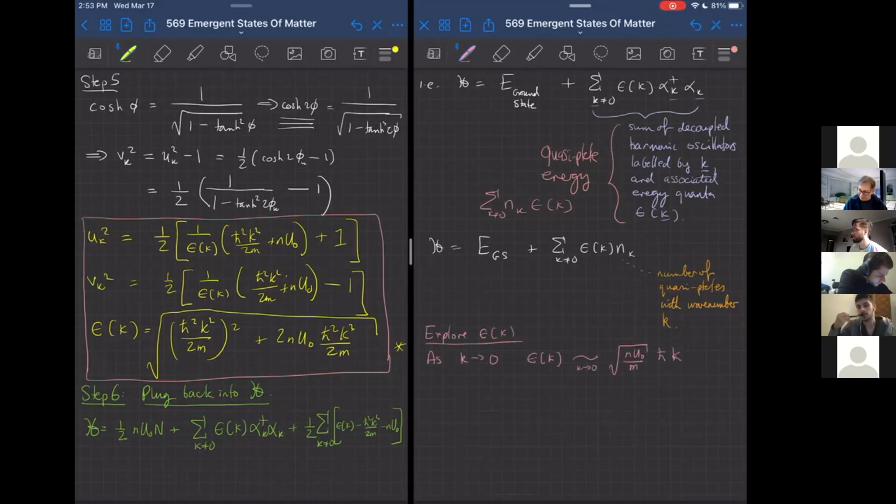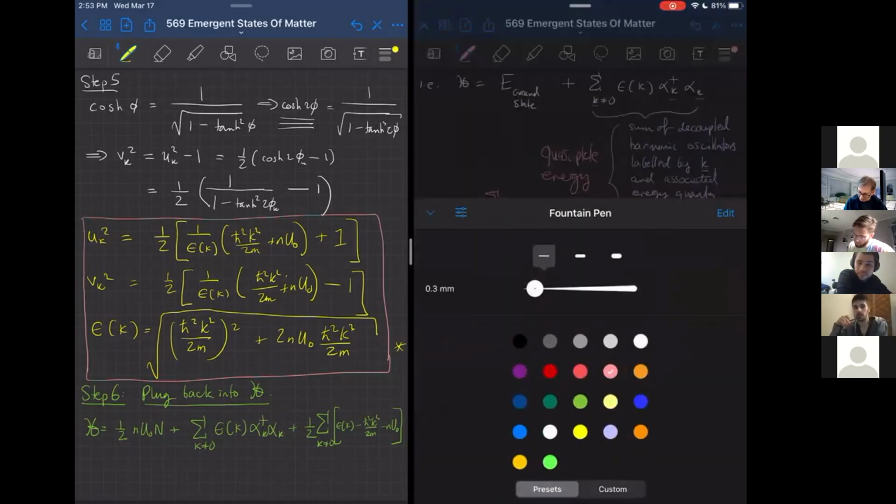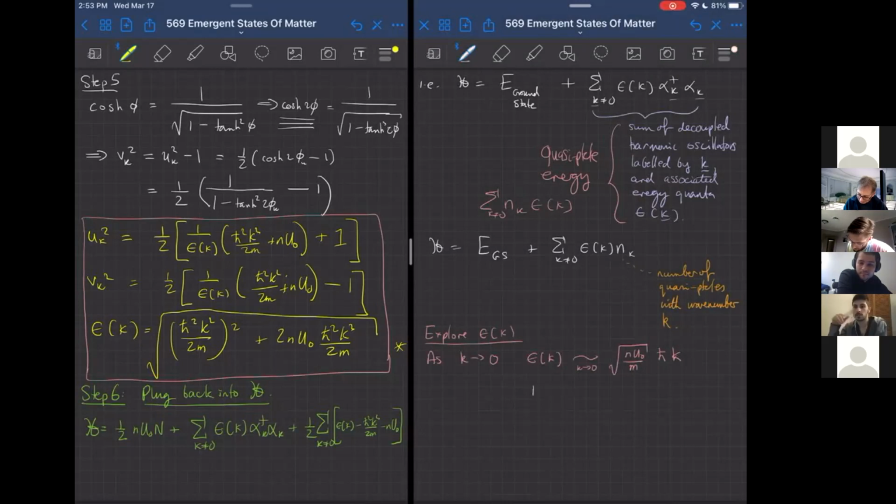The most interesting thing about this is that this is linear in k. And because it's linear in k, it represents phonons. So this is a phonon with a speed of first sound, which is equal to the coefficient of that, the square root of n u naught over m.